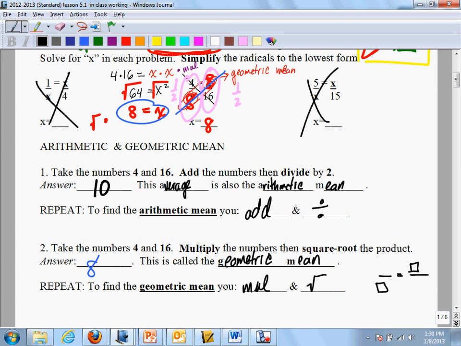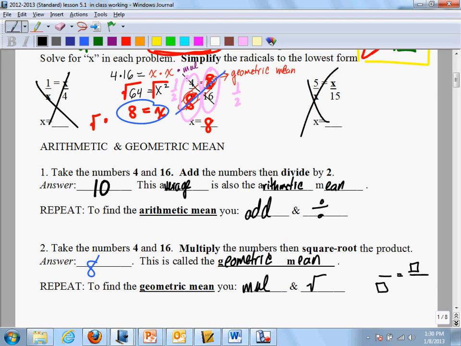So I'd like you to take 1 minute in your team, in your quad or your trio. I want two of you to explain what is the arithmetic mean, how do you find it? Two of you, geometric mean, or one of you, depending on where you're at. You guys take one.